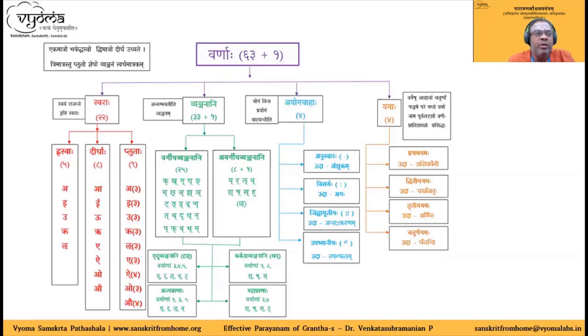It will be very helpful to understand what kind of a Varna it is. Because in Sandhis, when you split a word, you split it at the letter level. You need to know what kind of a Varna it is, whether it's a Swara or a Vyanjana. This classification is very, very important. This is the base foundation. And we need to know this classification in this format only. 64 letters only, this format only.